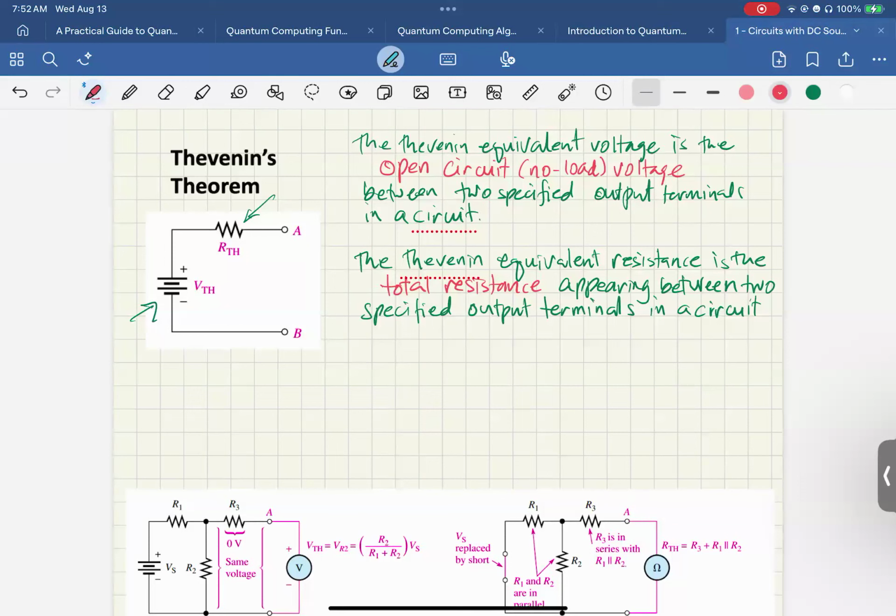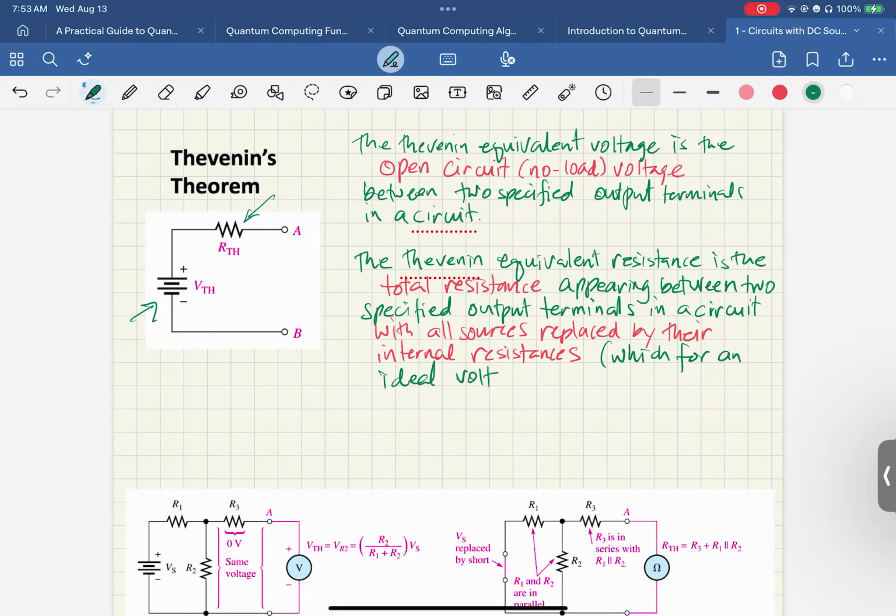Okay. With all sources replaced by their internal resistances, which for an ideal voltage source is 0. Okay?